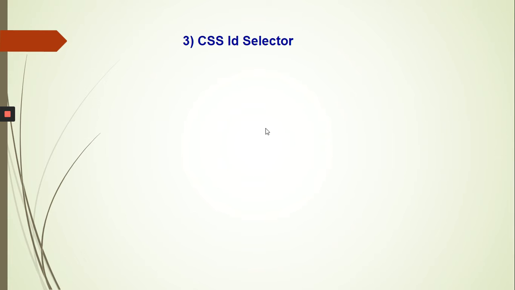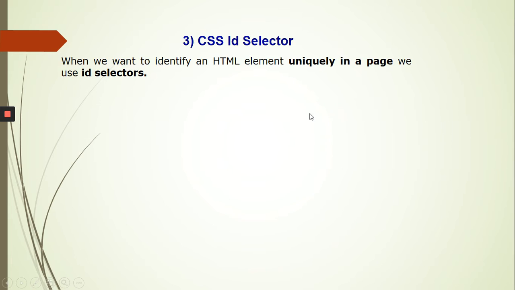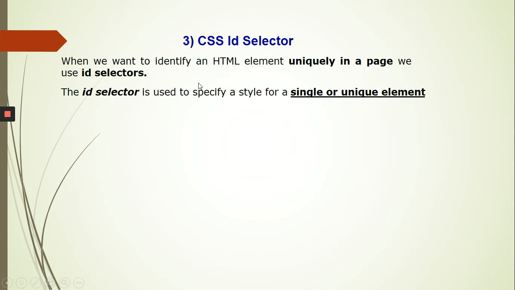The only difference is that with an ID selector, instead of a dot, we use the number sign, that is the hashtag. Coming to the first point: when we want to identify an HTML element uniquely in a page, we use ID selectors.